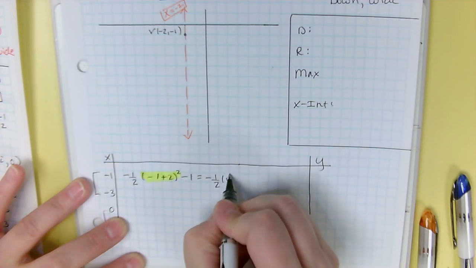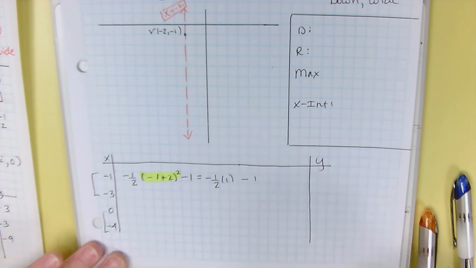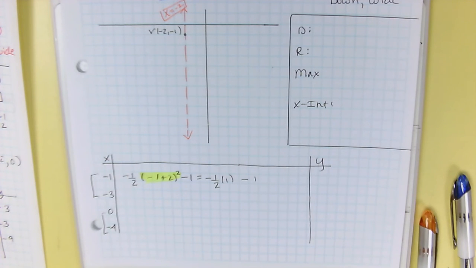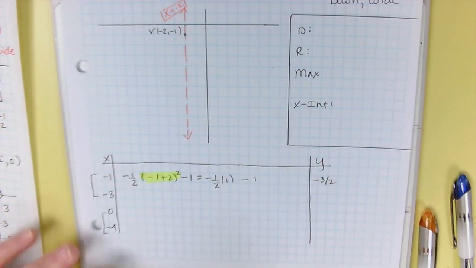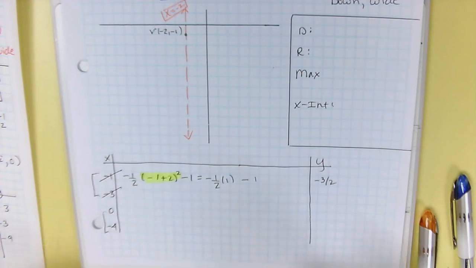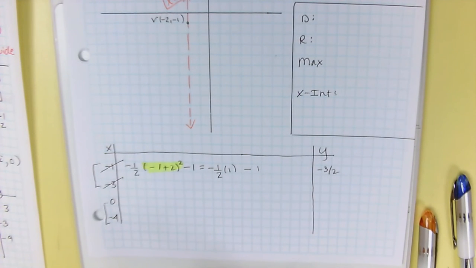So I have -1/2 times 1 minus 1. Yeah, so that was not going to give me a good point. That's going to give me -3/2. So that's actually not usable. So if that one's not usable, that one's not usable. So I got to go different points. So I think I'm going to go further out.